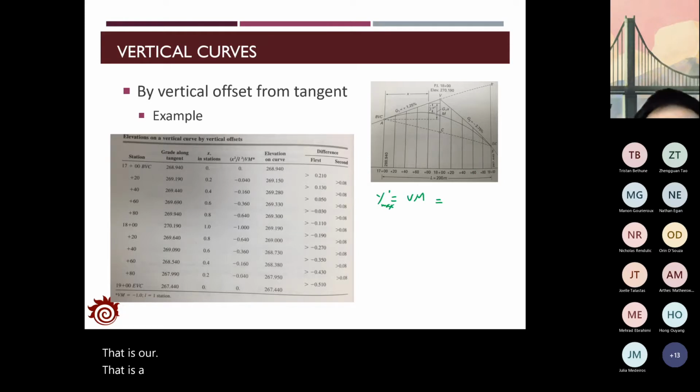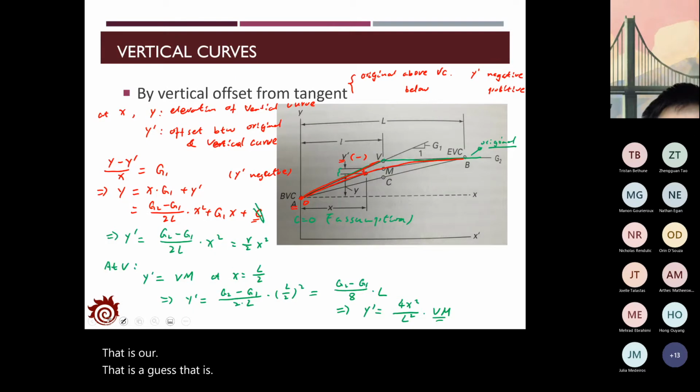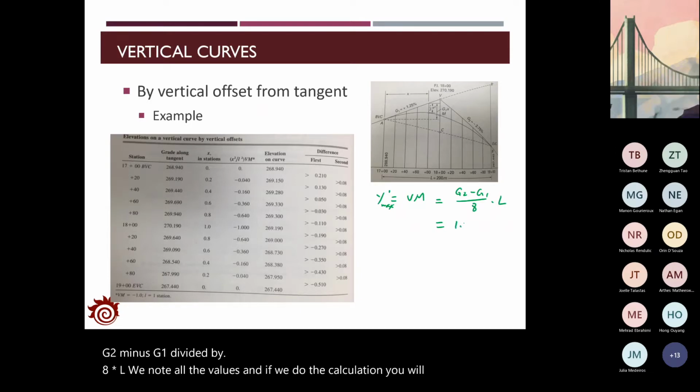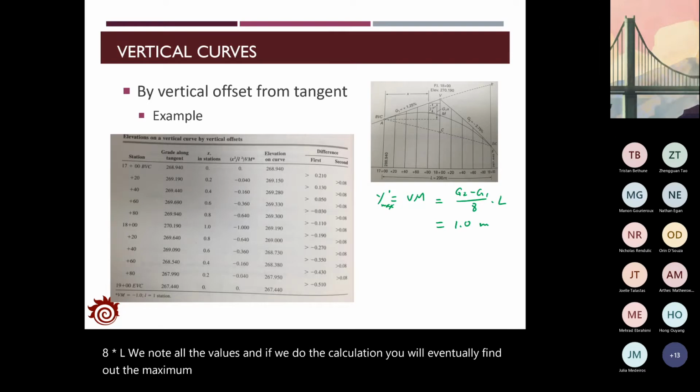That is, the equation is (G2 minus G1) divided by 8 times L. We know all the values, and if you do the calculation, you will eventually find out the maximum offset is 1 meter.